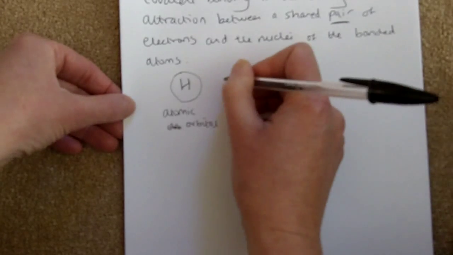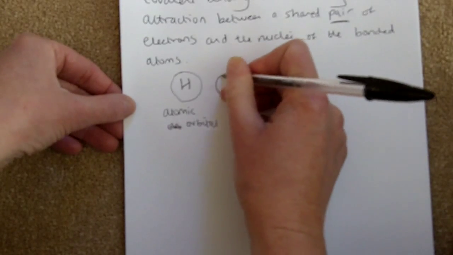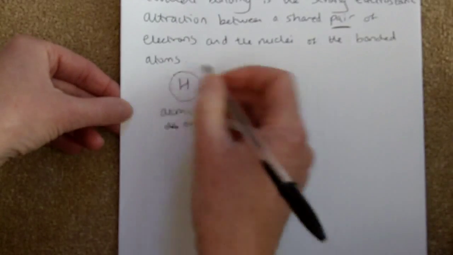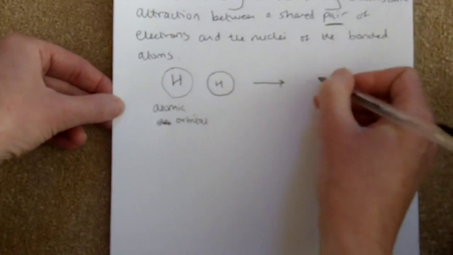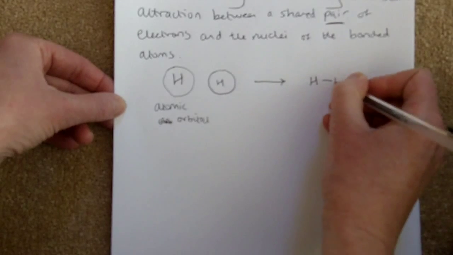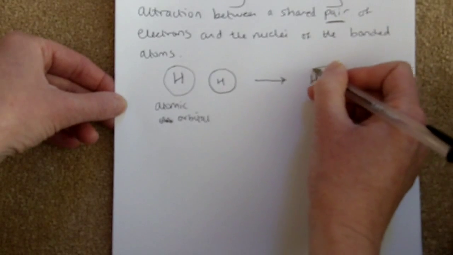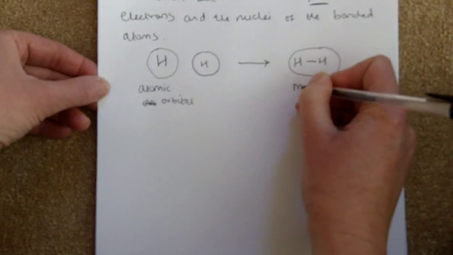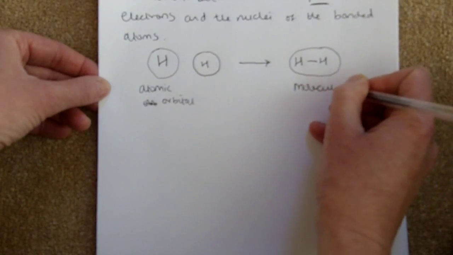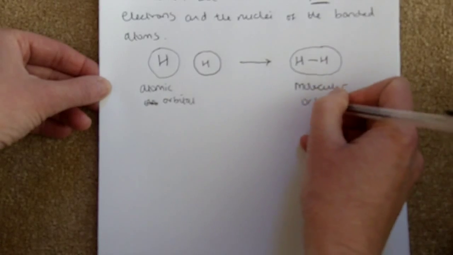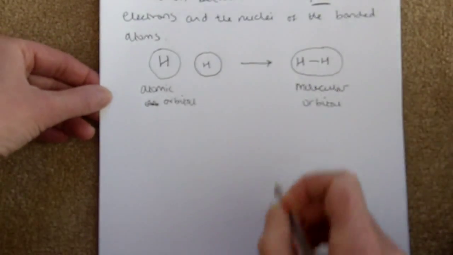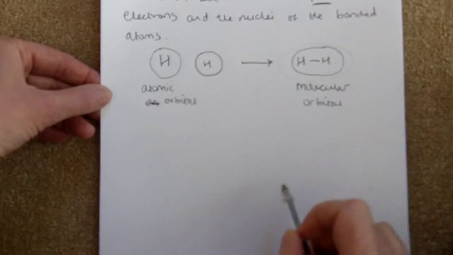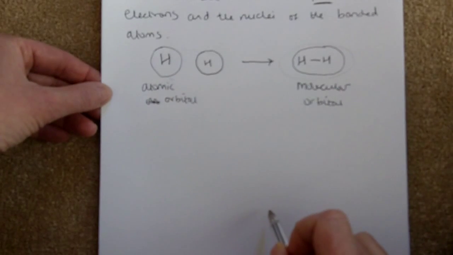So we take a hydrogen atom and another hydrogen atom, the two s orbitals, and when they overlap to make a hydrogen molecule, those two atomic orbitals overlap to make a molecular orbital. And that's all that is happening. So the two atomic orbitals overlapping and sharing a pair of electrons.